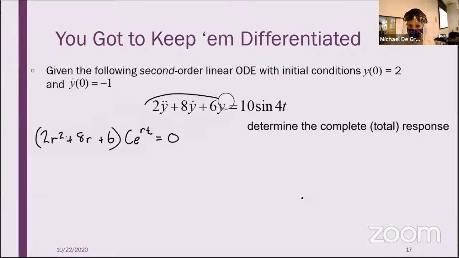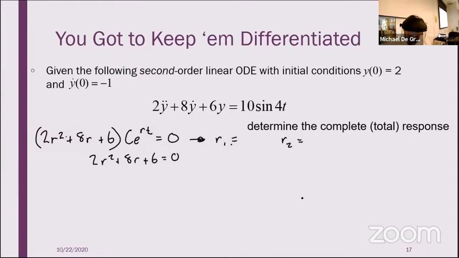If I'm going to solve for the roots of this system, what do I get? Well, 2r squared plus 8r plus 6 is equal to 0. Well, that's just r squared plus 4r plus 3 equals 0, which is going to give me two roots, one at -1 and one at -3.